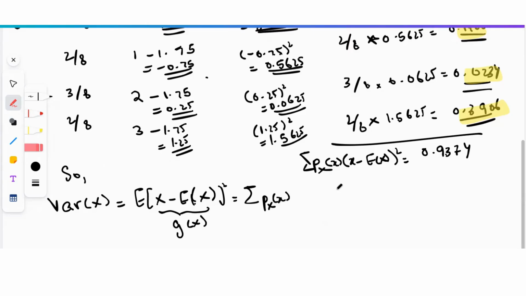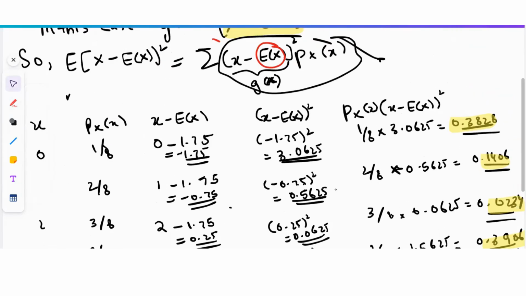So this is just going to be x minus expected value of x. This is just simply us applying how we find the expected value of any function of a random variable, and this will just turn out to be 0.9374.